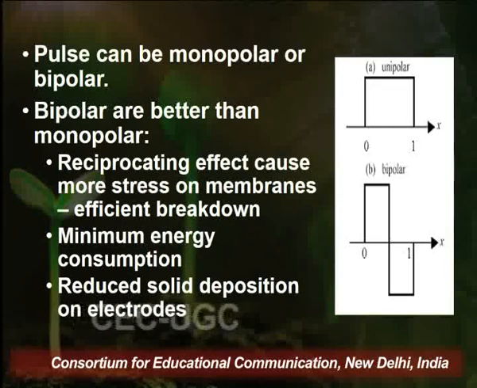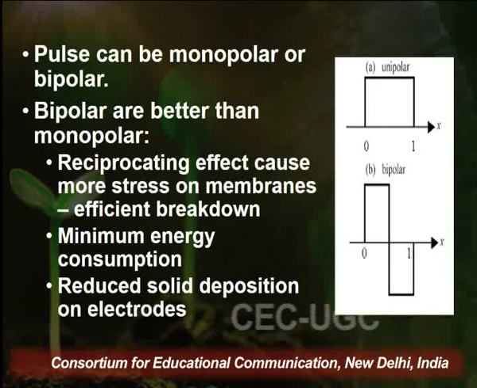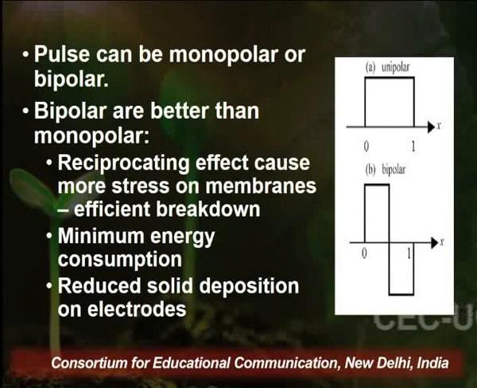Over a longer period of time this reduces the efficiency of those electrodes, and routine maintenance of those electrodes is required. This solid deposition can be reduced with the help of these bipolar waves.